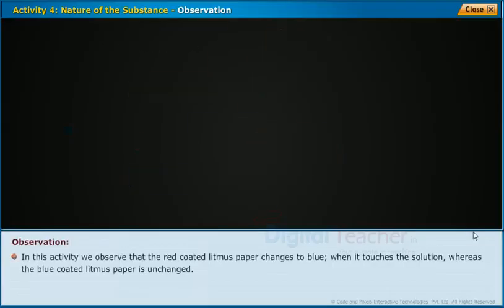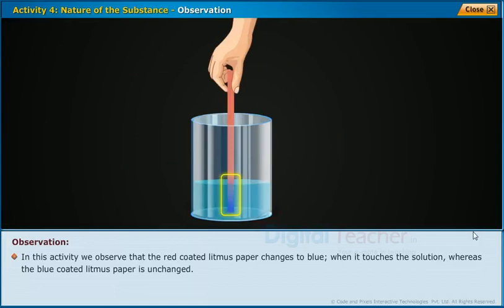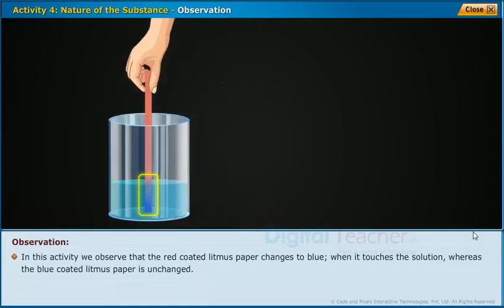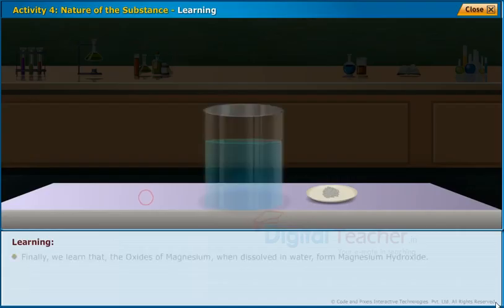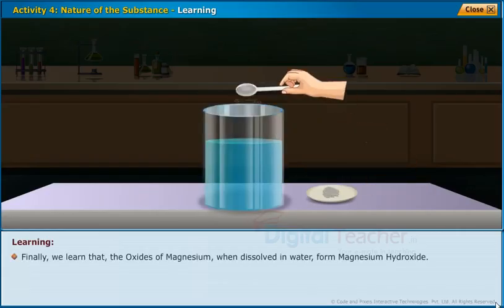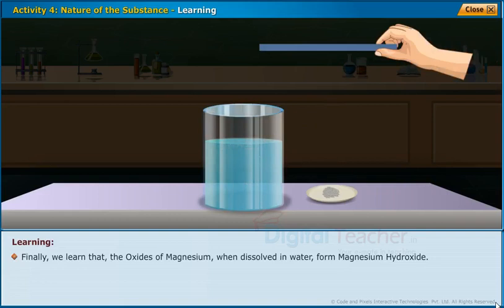In this activity, we observe that the red-coated litmus paper changes to blue when it touches the solution, whereas the blue-coated litmus paper is unchanged. Finally, we learned that the oxides of magnesium, when dissolved in water, form magnesium hydroxide.